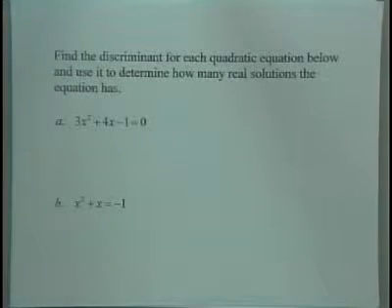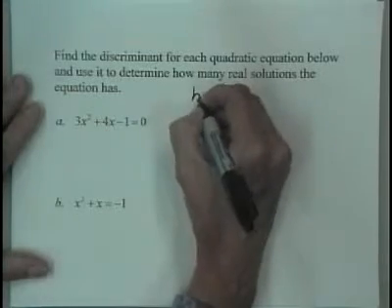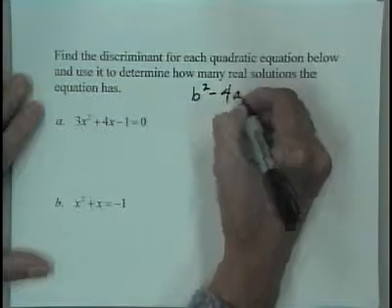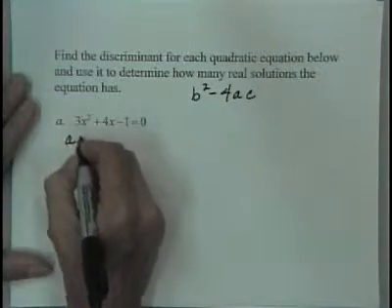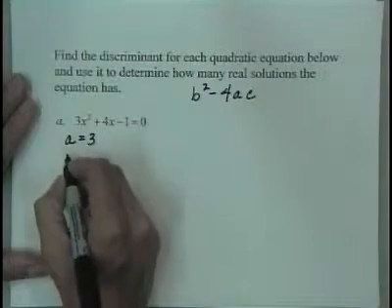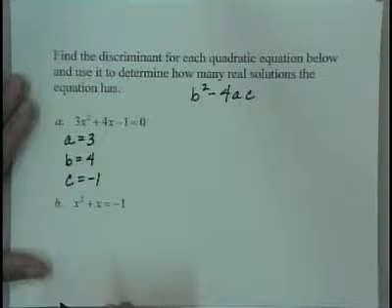Let's try out the discriminant. We want to find the discriminant for each quadratic equation below and use it to determine how many real solutions the equation has. The discriminant is b squared minus 4ac. In this equation, the first equation, a is 3, b is 4, c is negative 1.